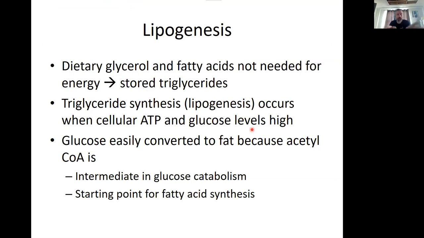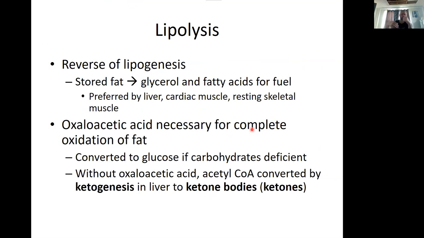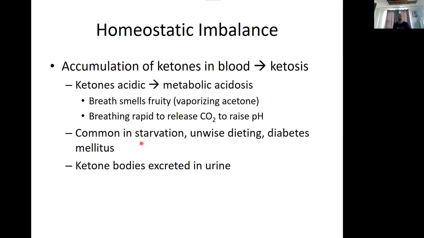If you remember that basic idea, I'm happy with that. The opposite part of this, the breaking down of the triglyceride into the glycerol and the fatty acids, is lipolysis. That's all that is. Whether you remember this part here, oxaloacetic acid, not so worried about it.